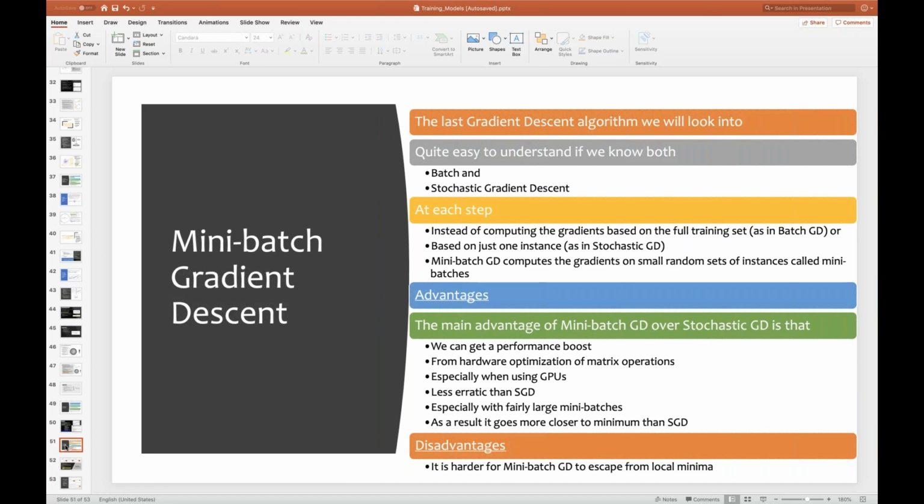Next one, mini batch gradient descent. Okay, the last gradient descent algorithm we are going to look into. As of now, you understood batch and stochastic gradient descent.